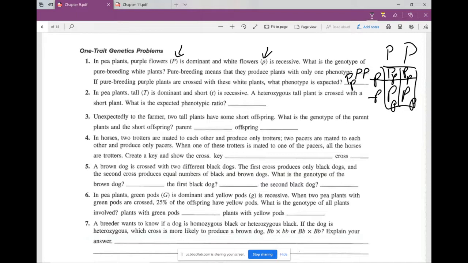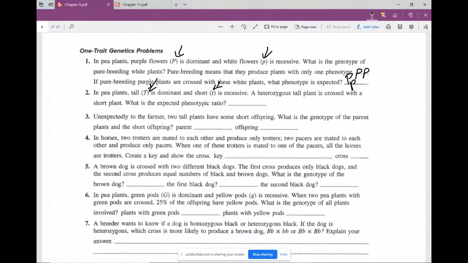In pea plants, tall, capital T, is dominant, and short is represented by lowercase t, the recessive form. A heterozygous tall plant is crossed with a short plant. Okay, we know what the genotypes are going to be just from what they told us.